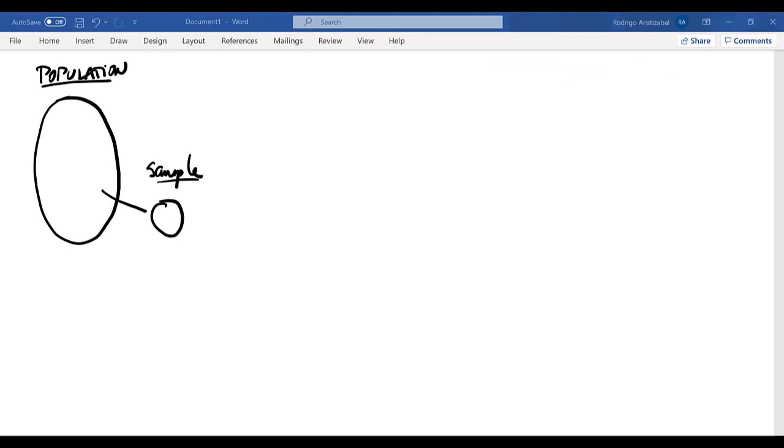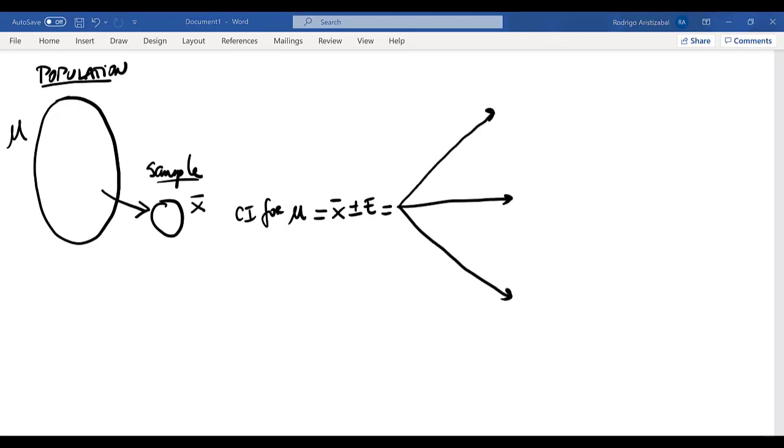To summarize, the confidence interval for the mean of this population should be obtained taking a sample, and in this sample we compute the sample's mean. Then the confidence interval for the mean of that population is the sample's mean plus or minus the error. We have three different cases: when sigma is known and any sample size; sigma is unknown and the sample is smaller than 30; and sigma is unknown but the sample is equal or greater than 30.